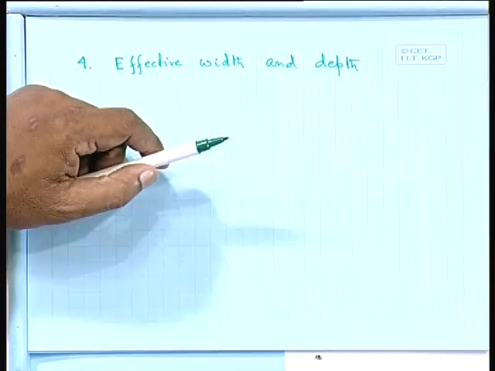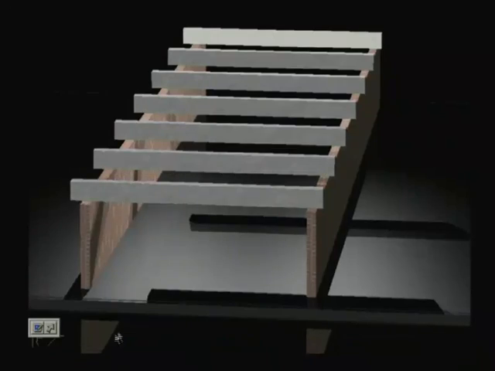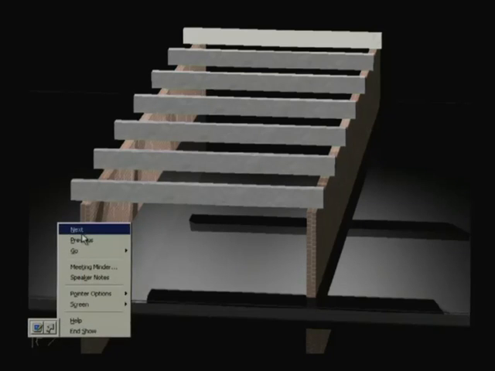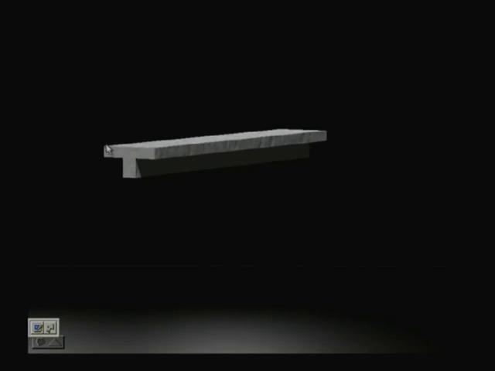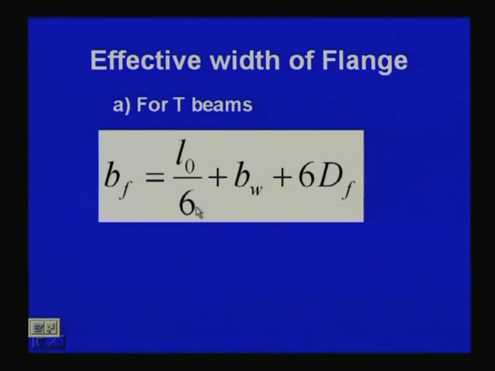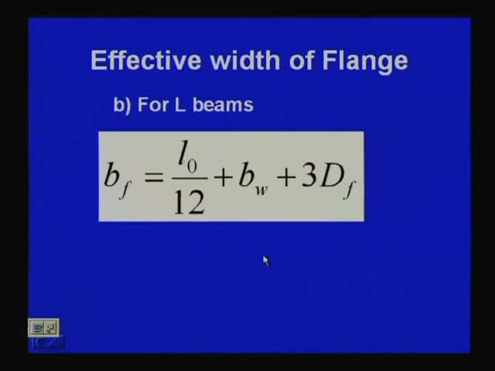Now, we have to mention the effective width of this flange. Where shall we get it from? Already we have mentioned it for T beam. So, we shall use this formula if it is a T beam, and that is available in the code.